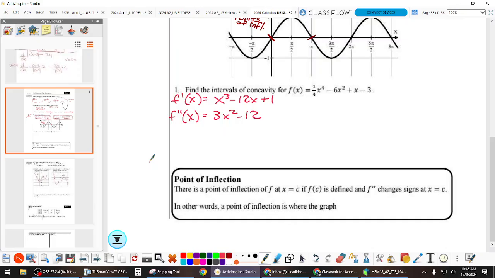Okay, so what do we do from there? We have our derivatives. So 3x squared minus 12 equals 0, or x equals positive or negative 2.